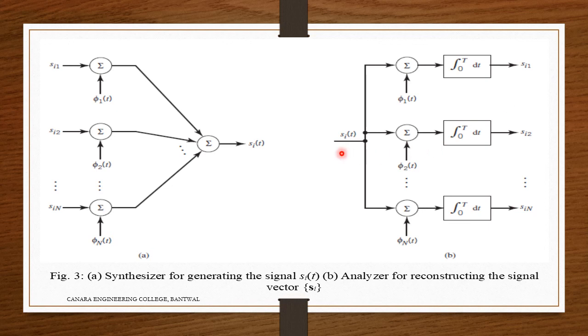Next, the output of the synthesizer is given to the analyzer, where it is multiplied with phi 1 of t, phi 2 of t, up to phi N of t, to cancel the effect of the basis functions. Then we again estimate si1, si2, up to siN. So this is the block diagram of the synthesizer and also the analyzer set.